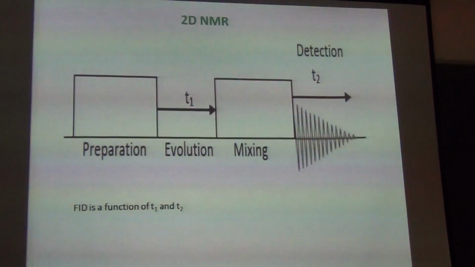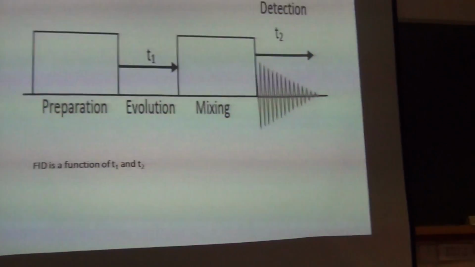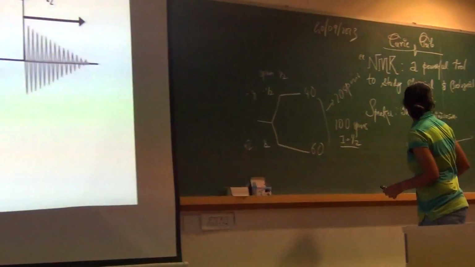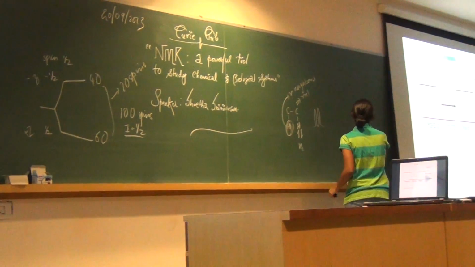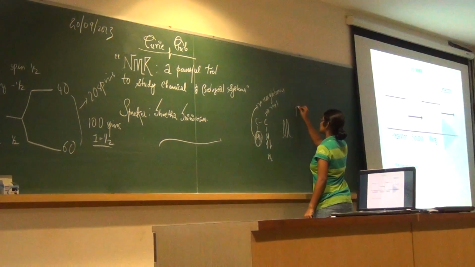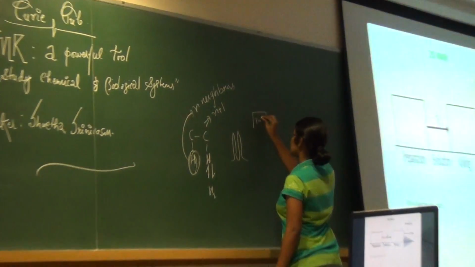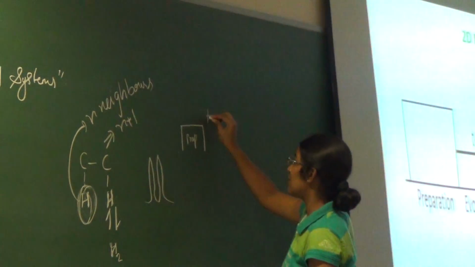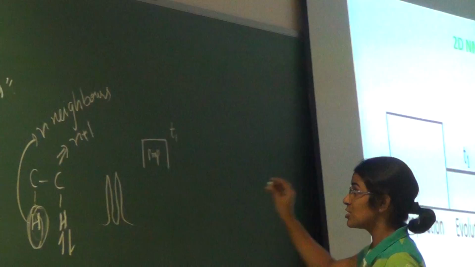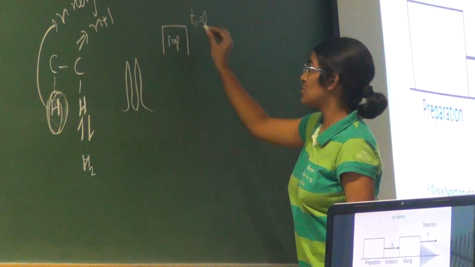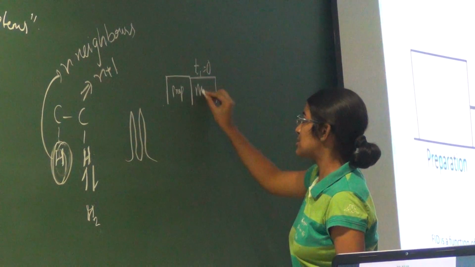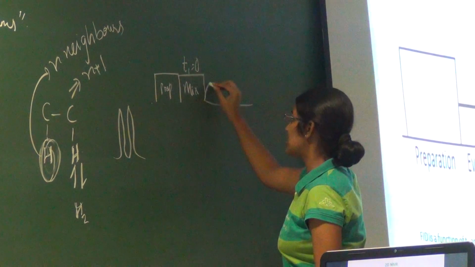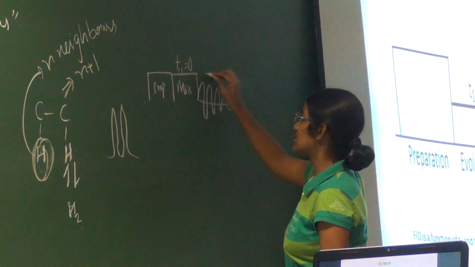So basically, how this works is, in the first case, this is my preparation, and I set my T1, which is written over here as evolution, to 0. So T1 is 0, then immediately there is mixing, and then here this is detection.